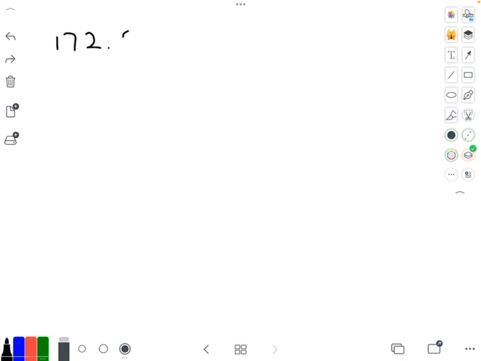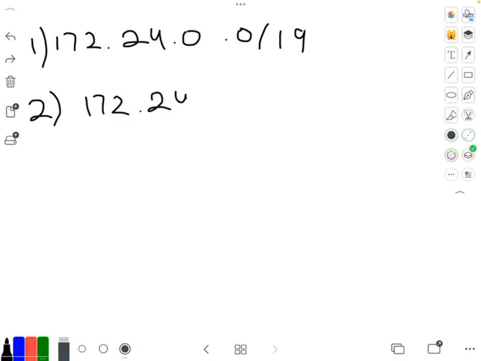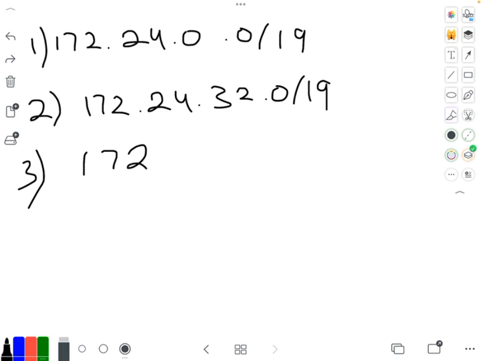So our subnets are going to be 172.24.0.0/19. That's our first subnet. Second subnet, 172.24.32.0/19.